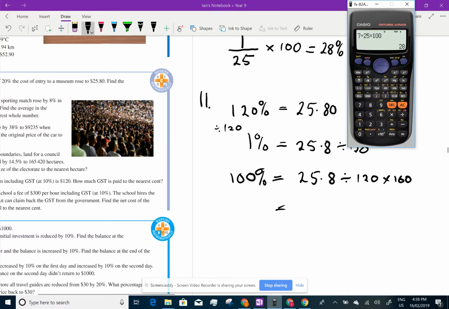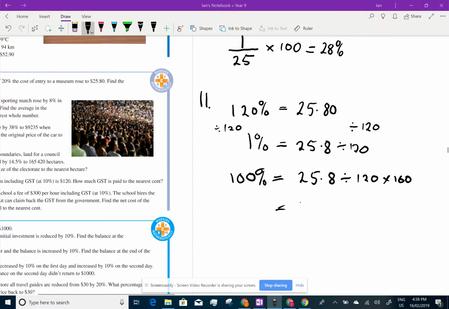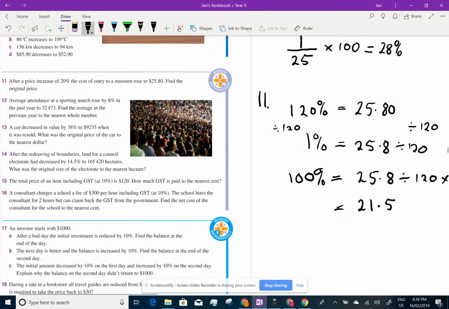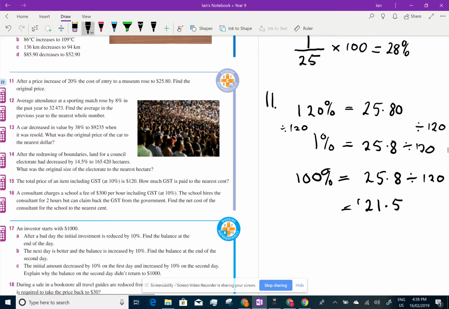Now I have to go to my calculator. 25.8 divided by 120 times 100. 21.5. That's what it was originally. 21.5. What are we talking about here in 11? The cost. $21.50. All right.